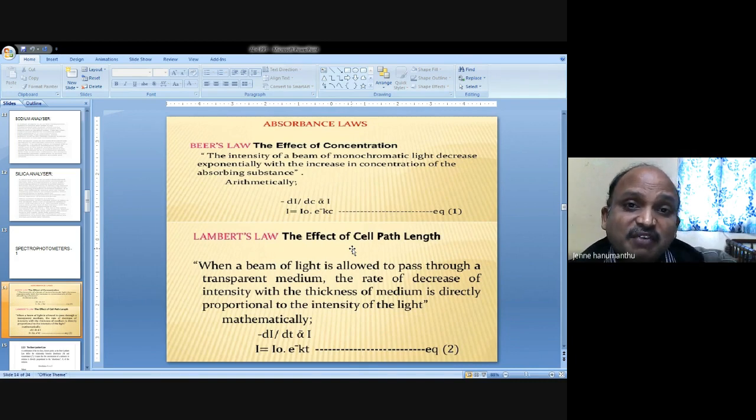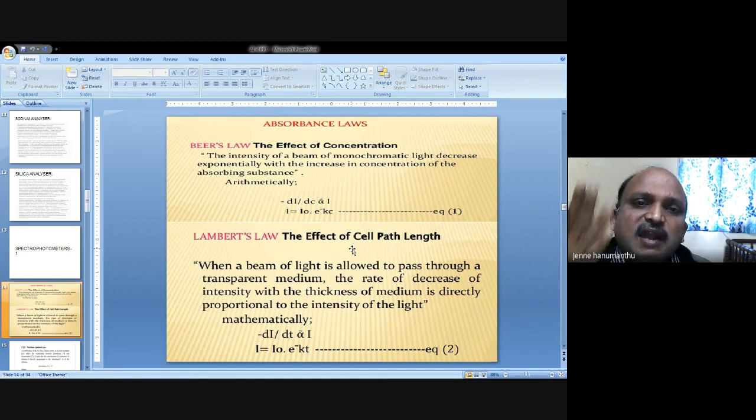When the light falls on the solid particles, it is scattered to the outside. How can you overcome this scattered light? Very simple. You dissolve the sample in the solution completely. There should be no solid particles in the solution. Then you can avoid scattering of the light.